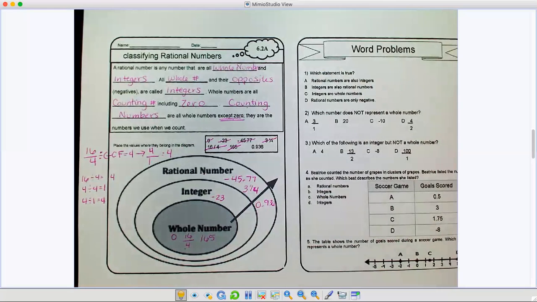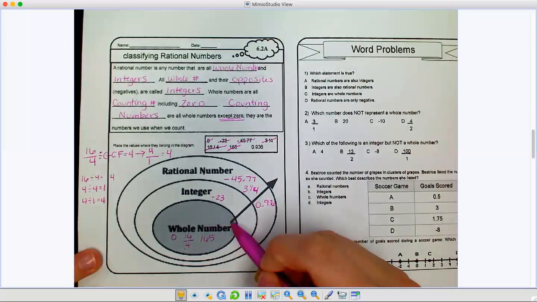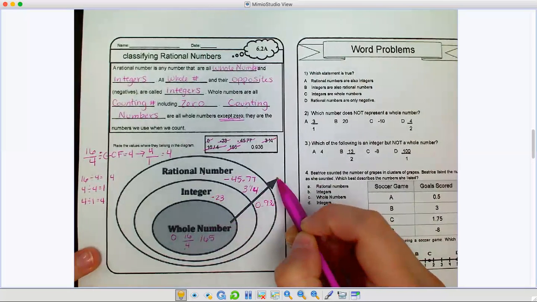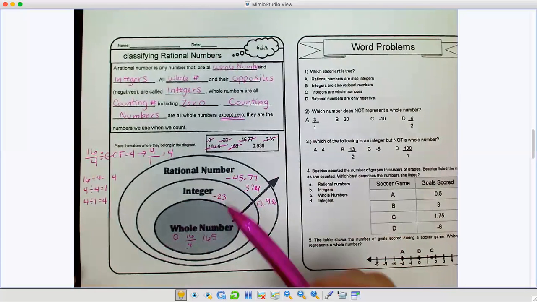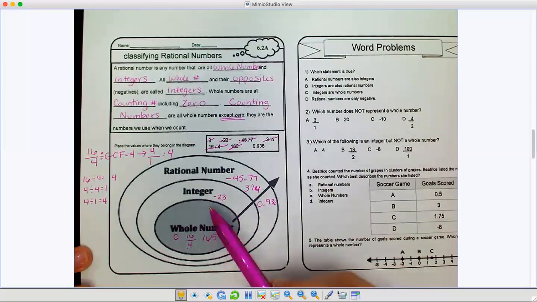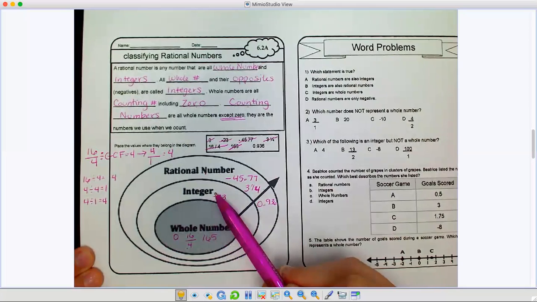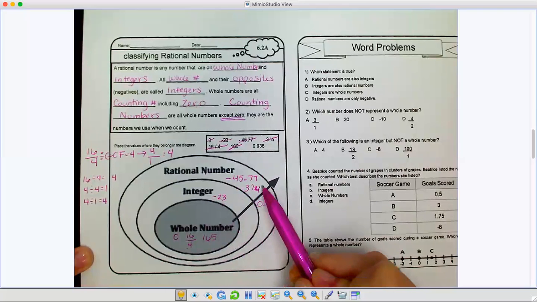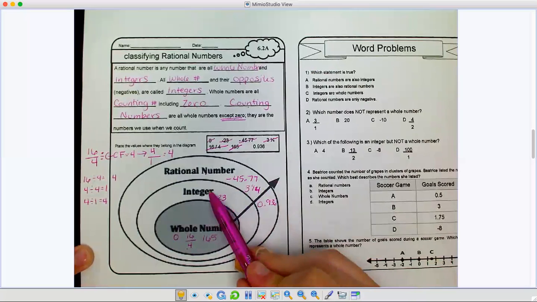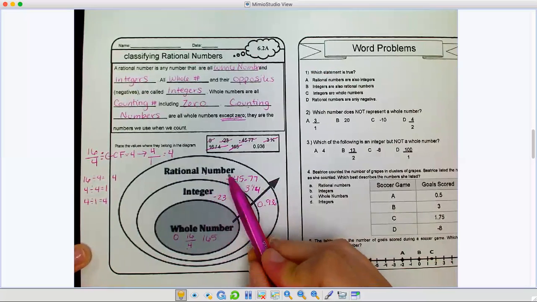Now you might be thinking, what is this arrow? This arrow means that numbers can move out in rank, but they cannot come back in. So let me explain. A whole number is an integer. A whole number is rational because it can move out in the circle, okay? An integer, if we move outward, becomes rational, okay?